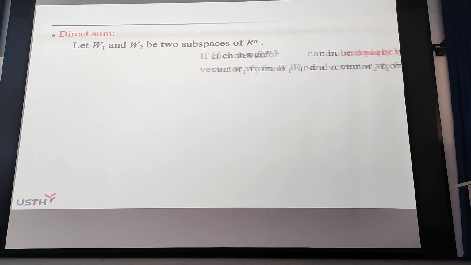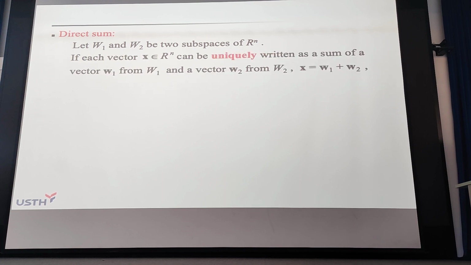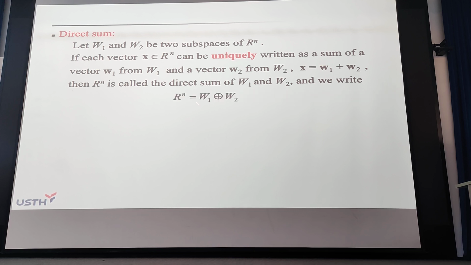Now, if each vector x of Rn can be written uniquely as a sum of a vector W1 in here and W2 in there, that is x equals W1 plus W2, then we say Rn is the direct sum of W1 and W2, and by notation Rn equals W1 direct sum W2.